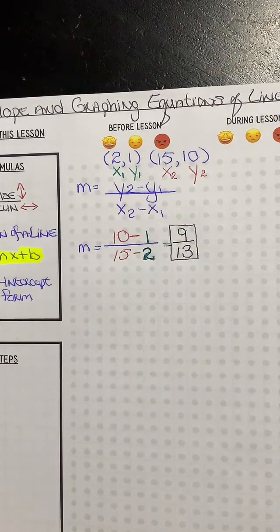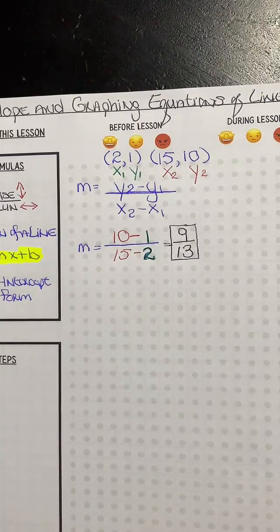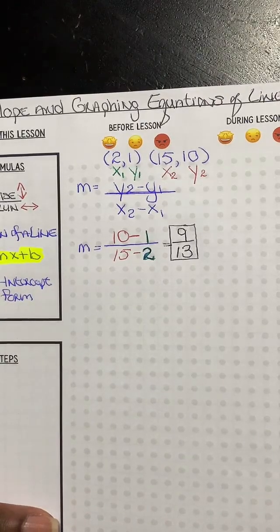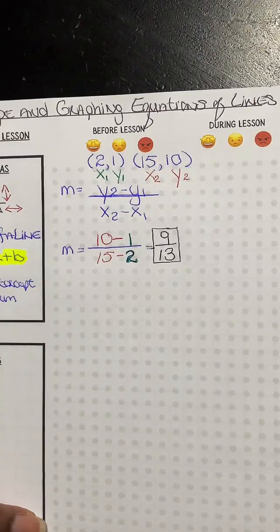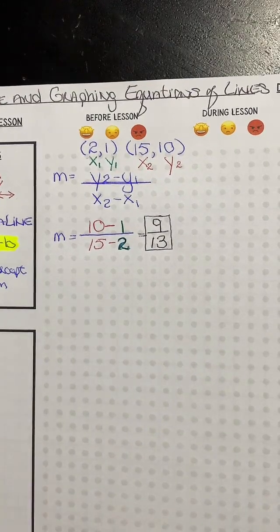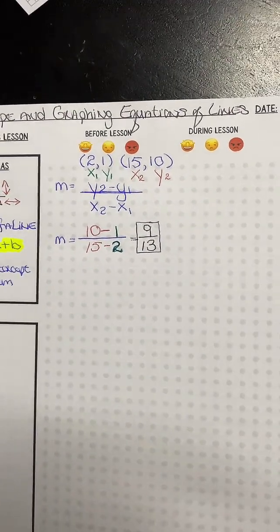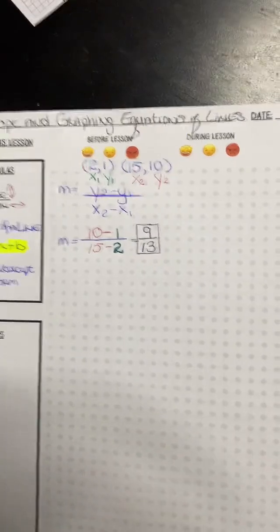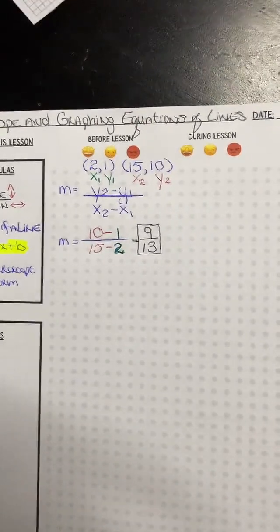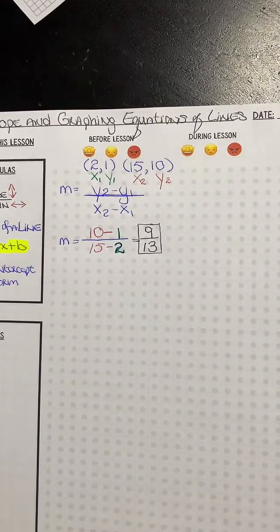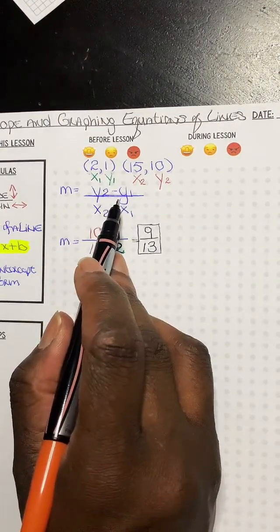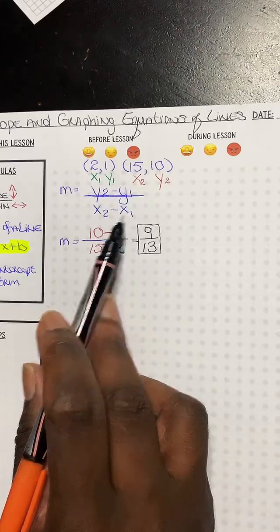All right, good. Now I said that there's another way. When it comes down to slope, a lot of us have it memorized as y sub 2 minus y sub 1 over x sub 2 minus x sub 1.